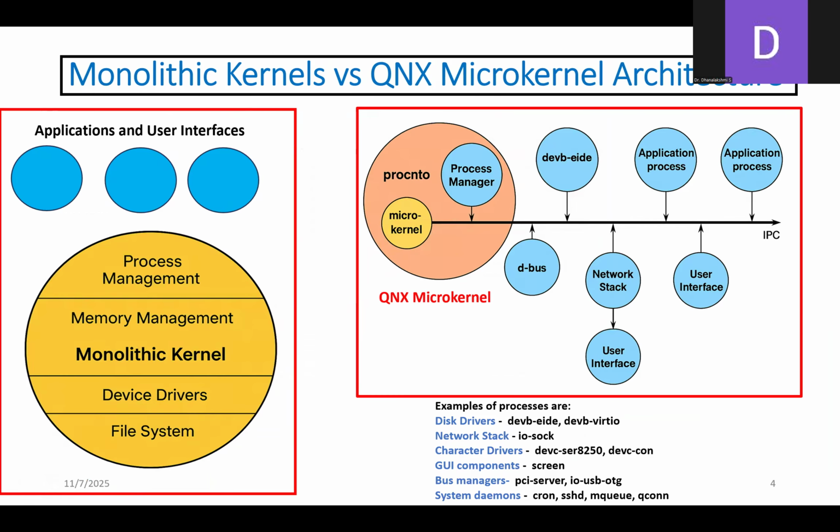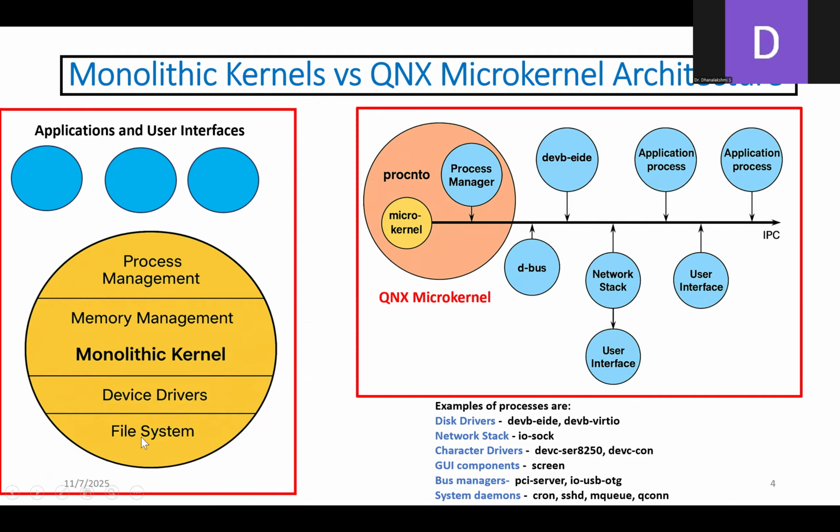Now, particularly talking about monolithic kernels and the QNX microkernel architecture. In the monolithic kernel, almost the entire operating system runs inside the kernel space as a single large program.